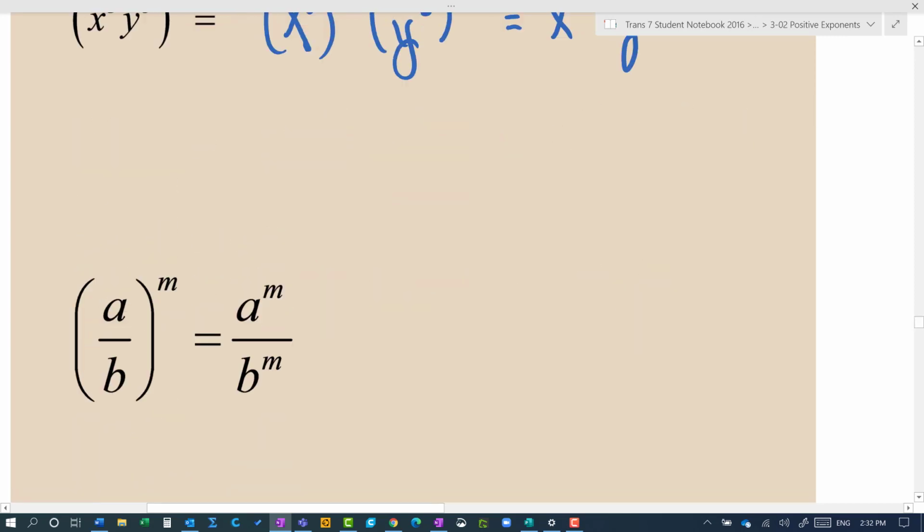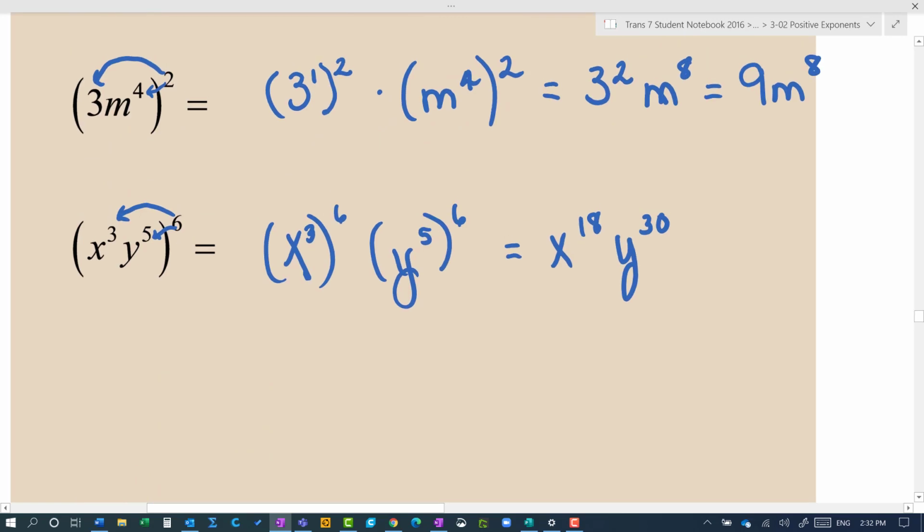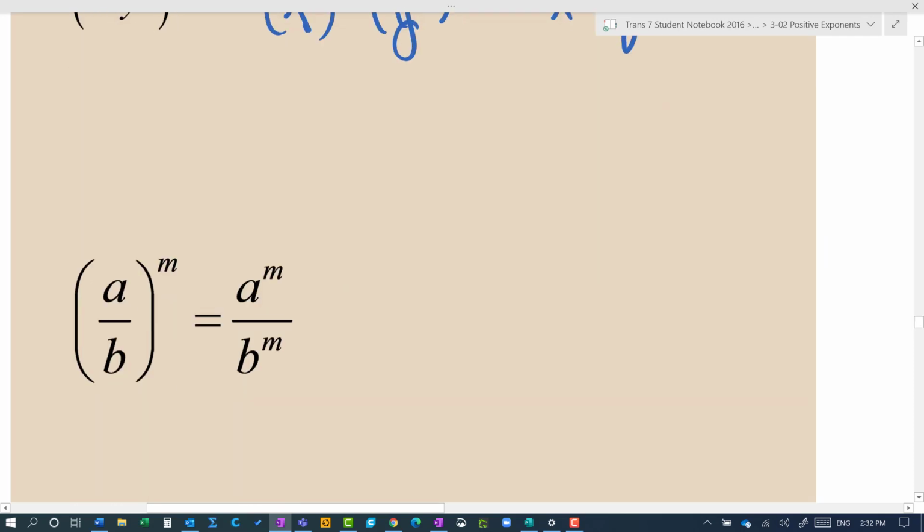Okay, now here, so this was all examples of having variables and numbers being multiplied together and those being raised to an exponent. Here we have division instead of multiplication. When we distribute with division, the m, or the variable, is going to go to everything that's inside of parentheses as well. It just happens to be division.